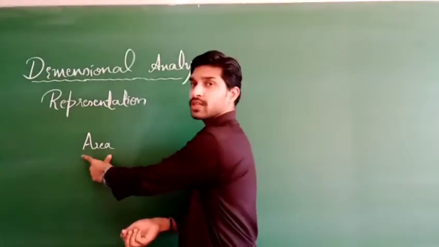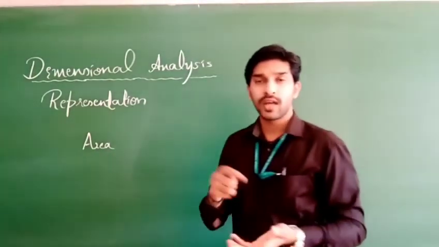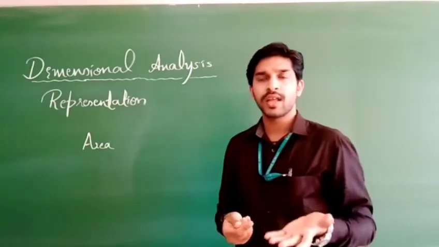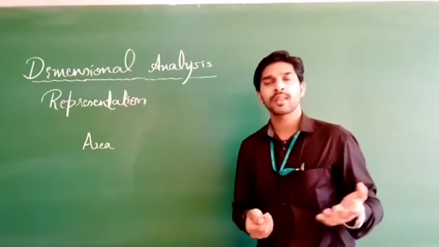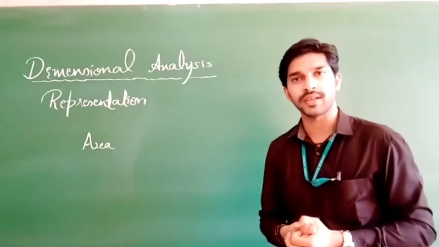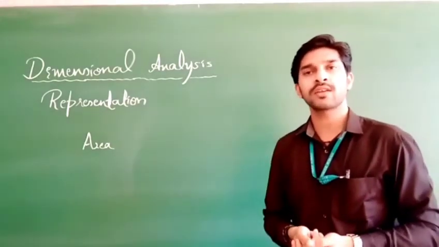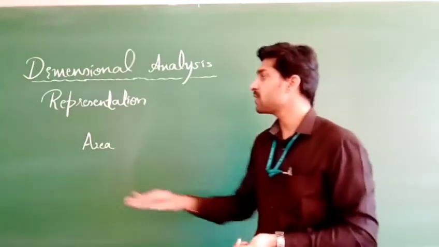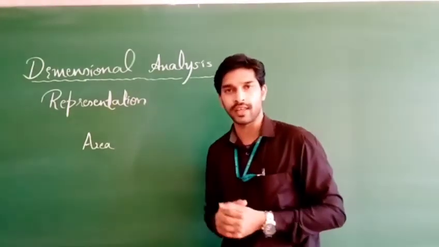So area is measured with the help of length and breadth. Length we measure in meters and breadth also in meters. When length and breadth are multiplied, we get this factor, which is nothing but area.